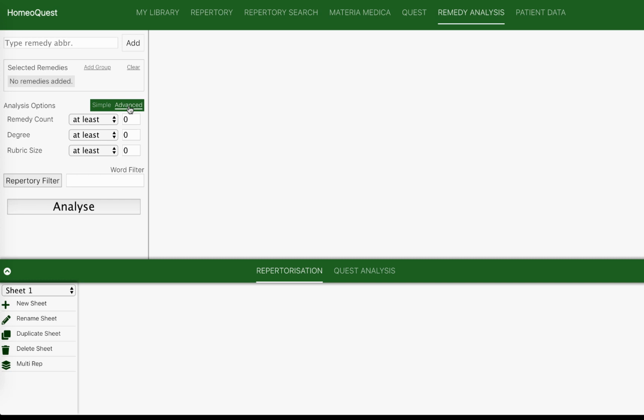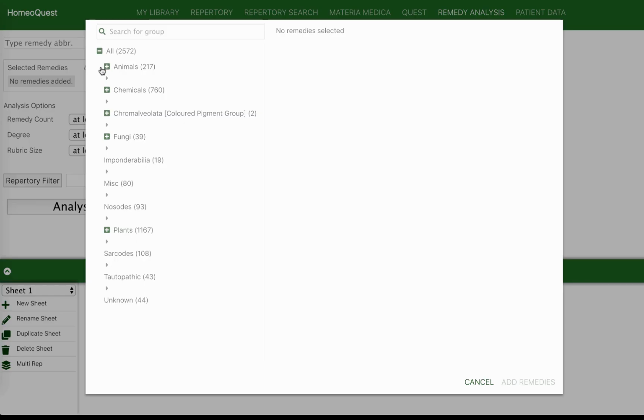Basically, we are now able to add groups of remedies into the selected remedy column here. If you click on this add a group feature, you can see all the remedies in our database are divided into different groups: animals, chemicals, colored pigmented groups, fungi, imponderabilia, nosodes, plants, sarcodes, and so on.